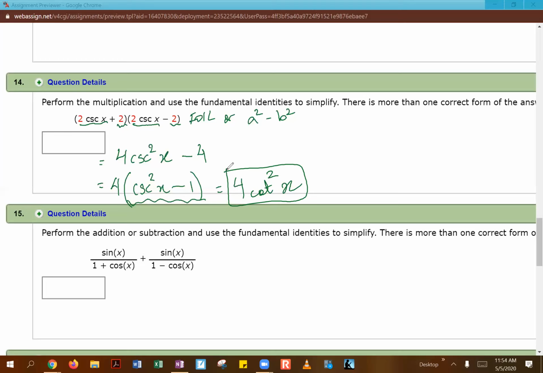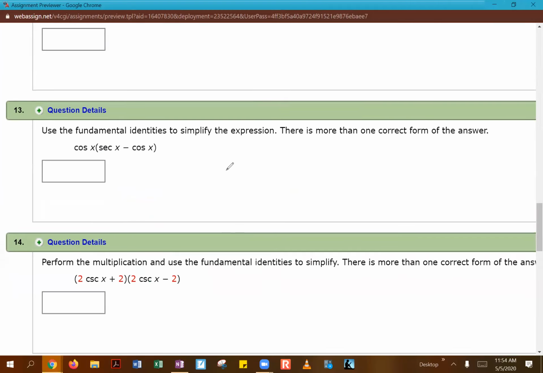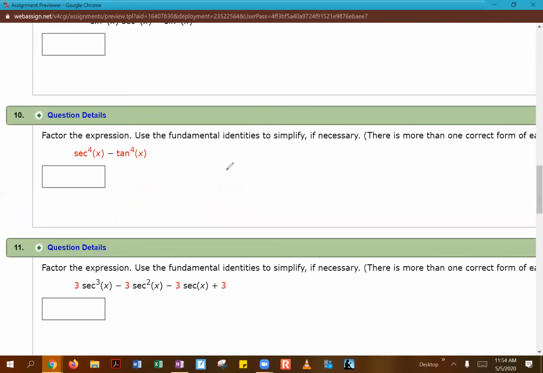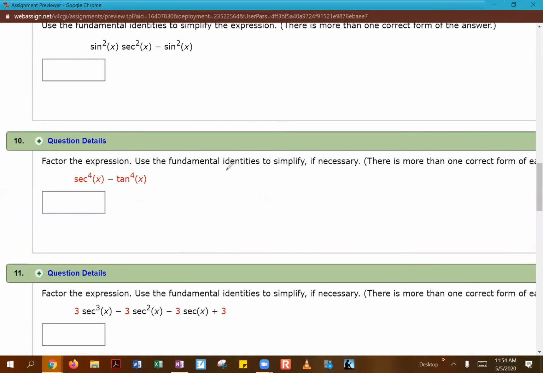Okay, let me see. What else am I seeing over here? Okay, look at those guys. These are just different forms of factoring. Let's look at number 10 over here. Where would we even begin with this guy?